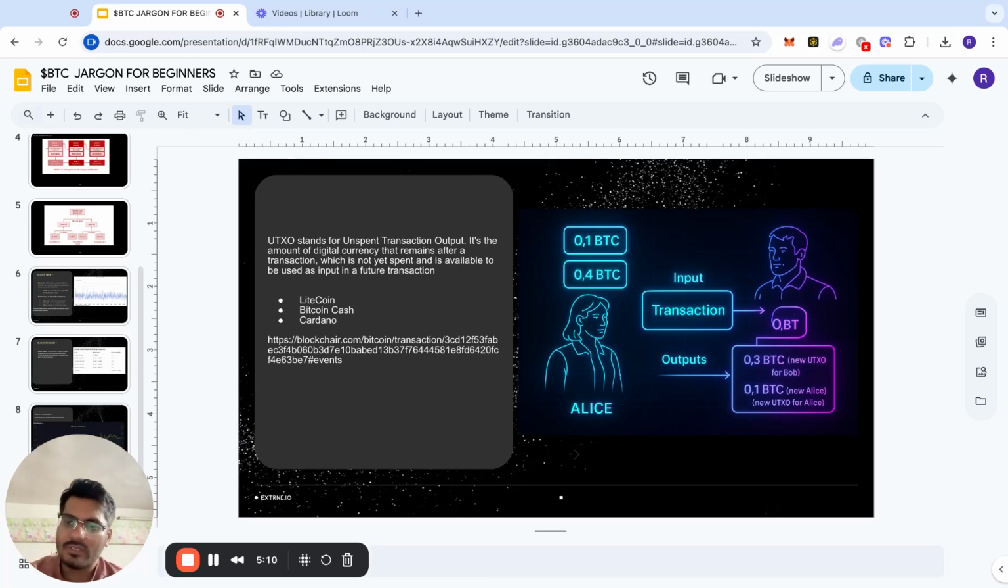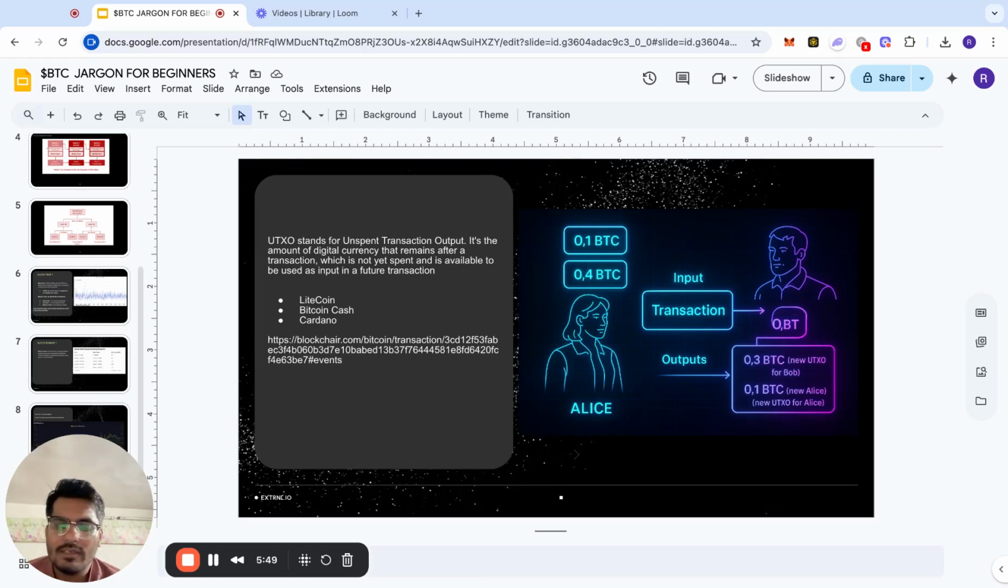A single address can have multiple UTXOs. Whenever someone wants to find the balance of a particular address, they just check how many UTXOs are there and the amount of BTC associated with them. So next time somebody asks what your Bitcoin balance is, remember that your Bitcoin balance is just the sum of your UTXOs. It is just a collection of your UTXOs.